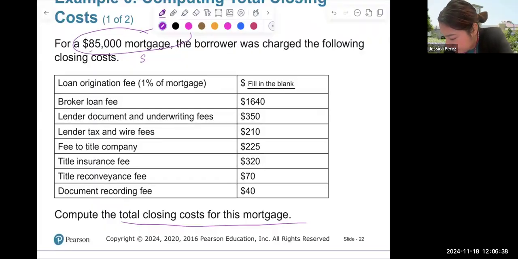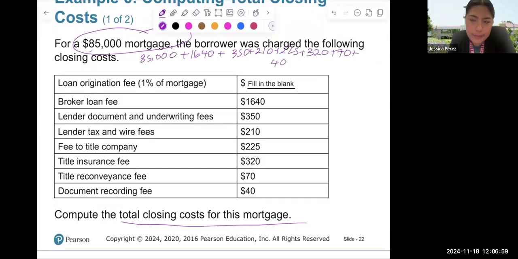That's just the mortgage. $85,000 plus every single thing: the broker loan fee, the lender. So you're going to have to add the 1640, the 350, the 210, the 225, the 320, plus 70, plus 40.